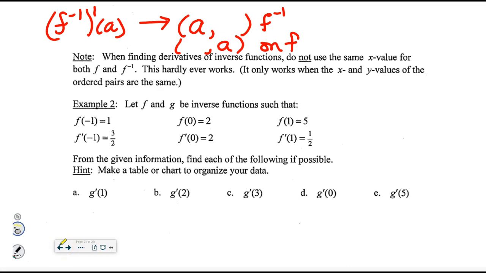Here's our motto. You will always be able to hop on F inverse. That's the Y value on F. Somehow you're going to have to find the X value. That's actually going to be the Y value over here, but that really doesn't matter. We plug in X values, right? You'll be able to find the derivative.